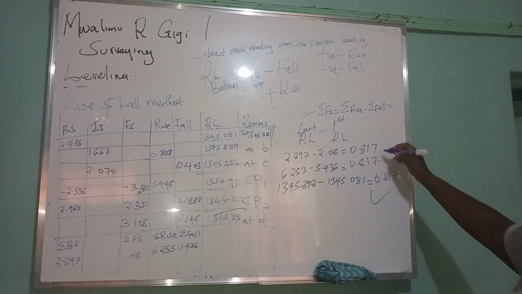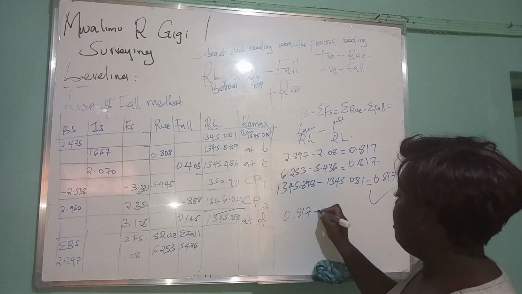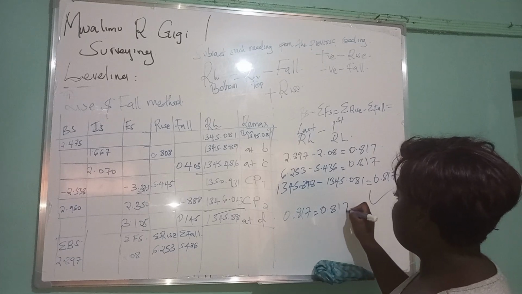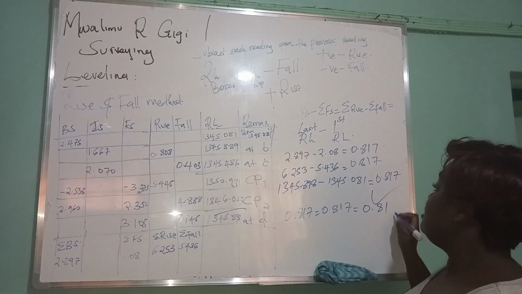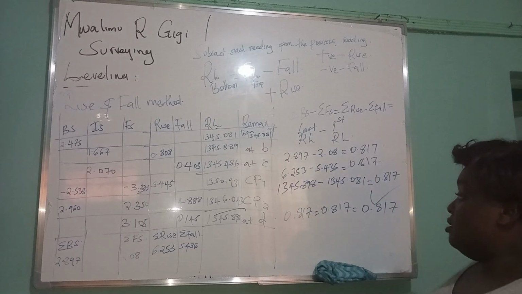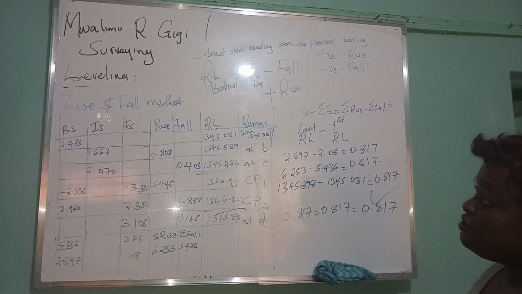So 0.817 is equal to 0.817 is equal to 0.817. So meaning we have done our reduced level correctly.